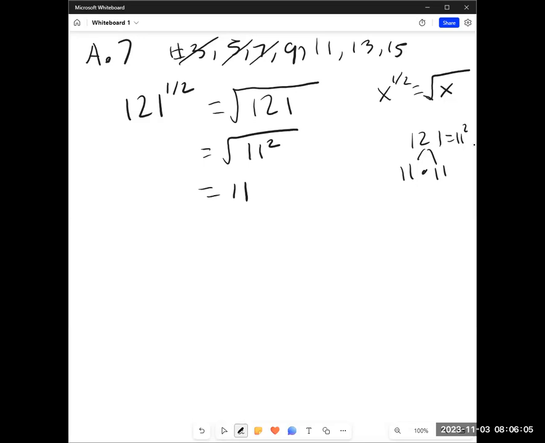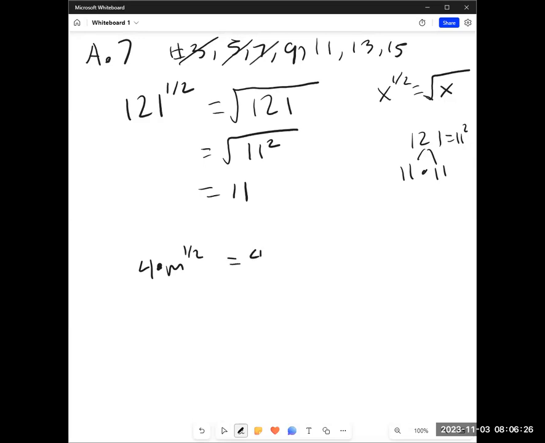And be careful with this next one. It's like number 9. It says 4m to the 1/2 power. The 1/2 is only on the m. It's not on the 4. There's a multiplication symbol right here that separates us, and the exponent is only on that factor of m.